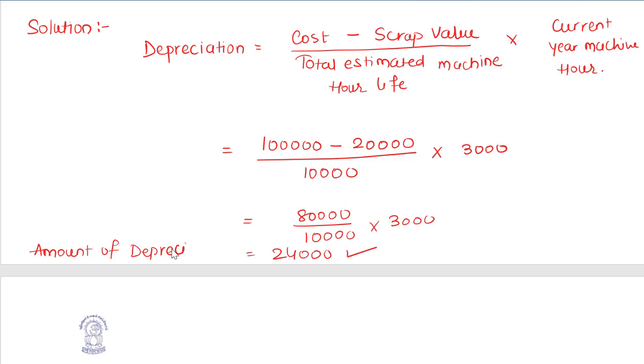This is the amount of depreciation, which is 24,000. I believe the machine hour method is clear to all of you. Let us continue.